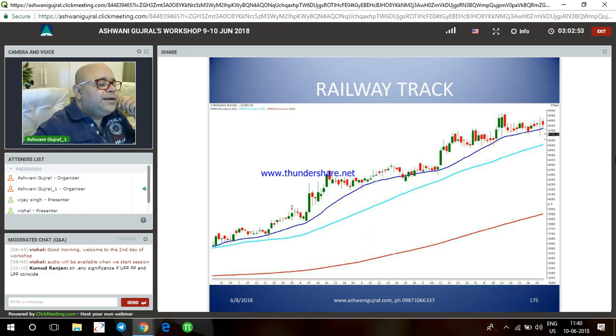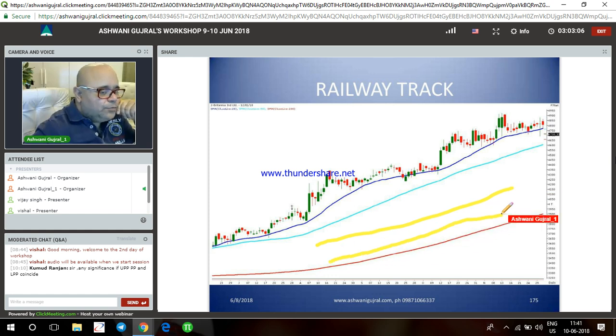Both 20 and 50, and 20 and 40, are the same thing, so no problem with that. This is Britannia. The first condition you must look for in swing trading is that the 20 and 50-day moving averages are in parallel. Each time the price comes between these and turns around, buy.